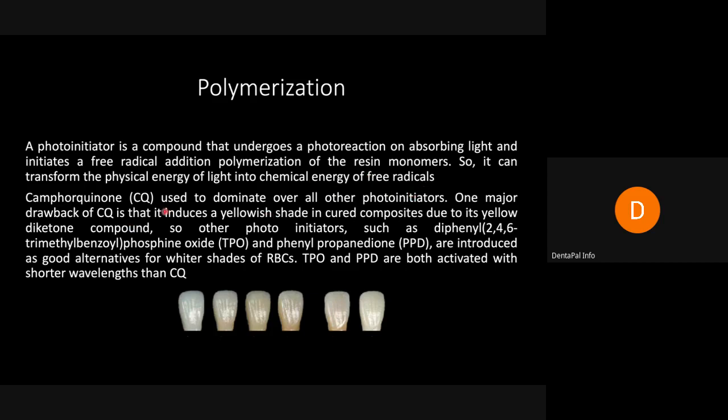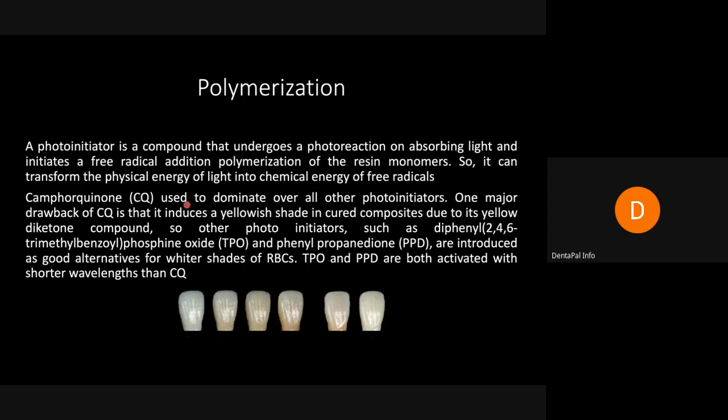What are the photoinitiators that are used in composites? The most commonly used compound is camphorquinone. Okay? This is most commonly used in composite nowadays, but we had other compounds in the past.